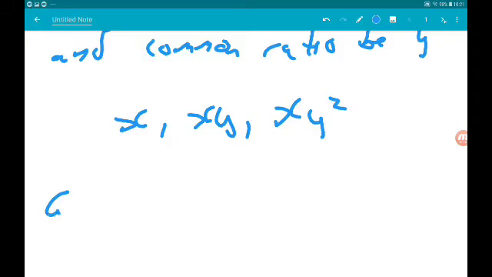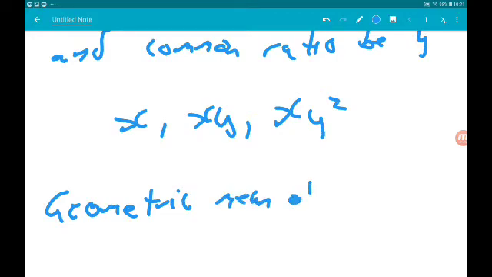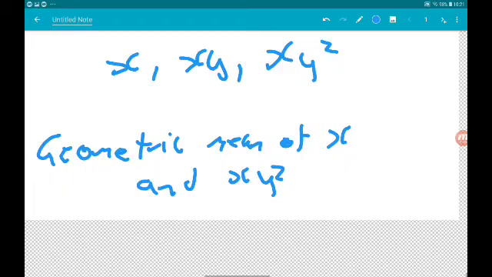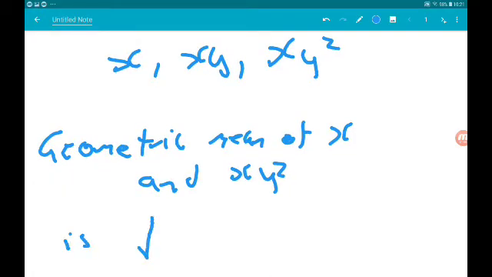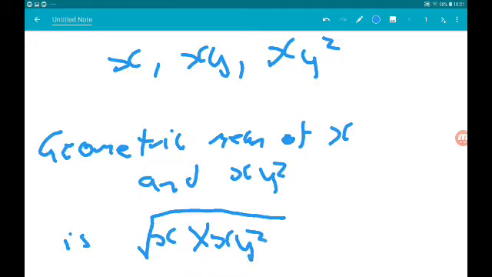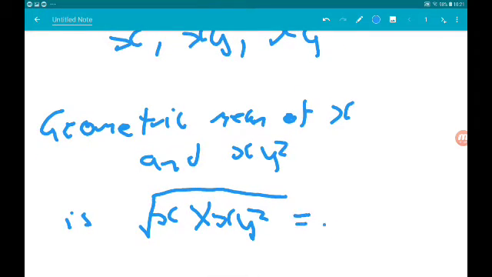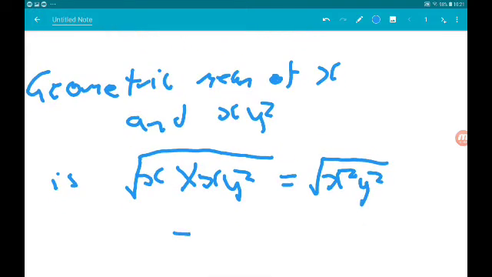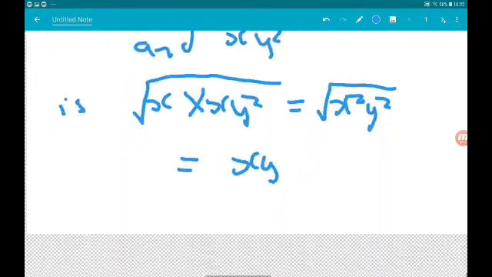So the geometric mean of x and xy squared is the square root of x times xy squared, which is the square root of x squared y squared, which is just xy, which is the middle term.